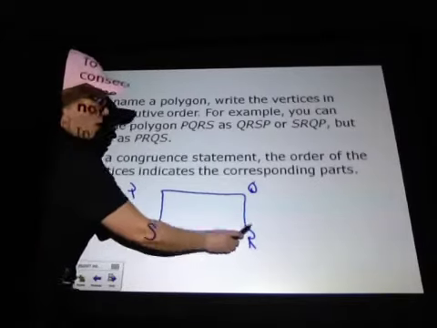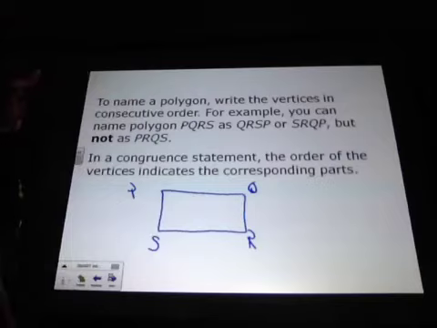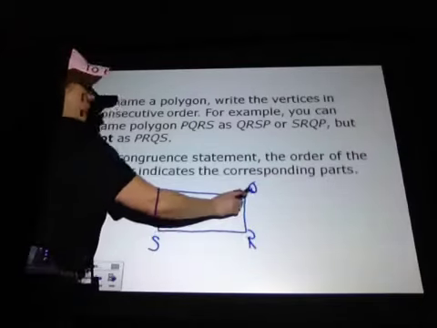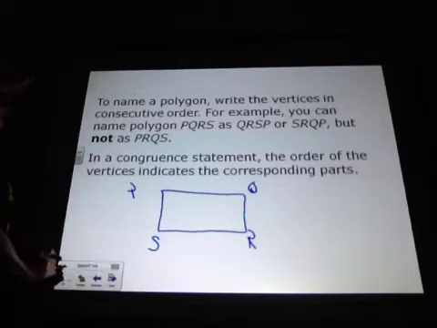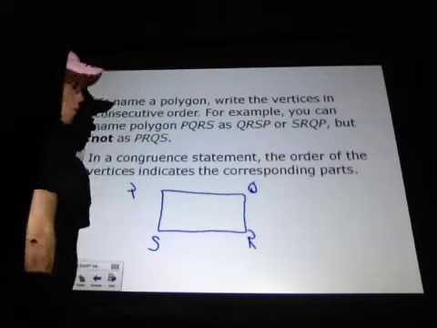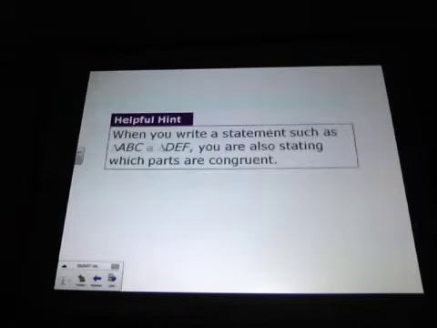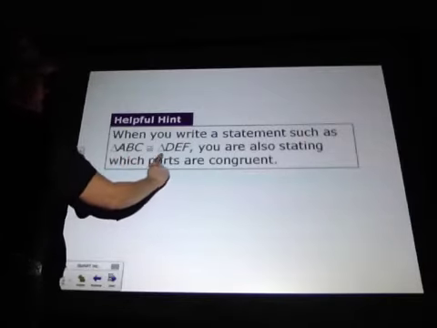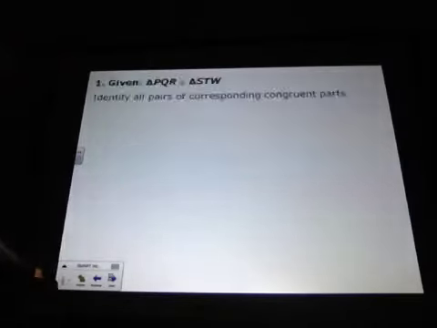You can say RQPS. But you cannot go PRQS. It messes up your congruency statement. When you write a statement such as triangle ABC is congruent to triangle DEF, you are also stating which parts are congruent. So class, it is very important that you have these corresponding vertices and sides lined up correctly.